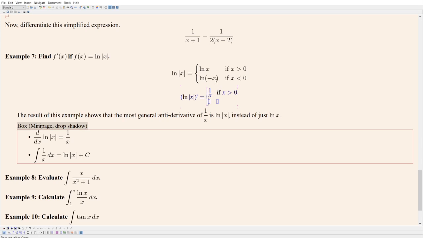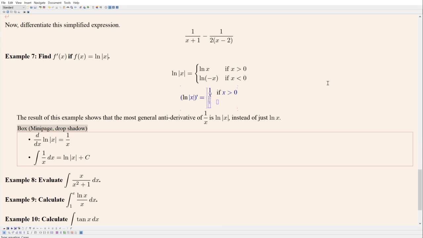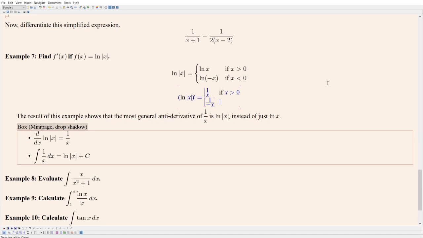If it is log of minus x, then we have 1 over minus x, and by the chain rule, times the derivative of minus x, which is minus 1. Oh, hey, look at that.